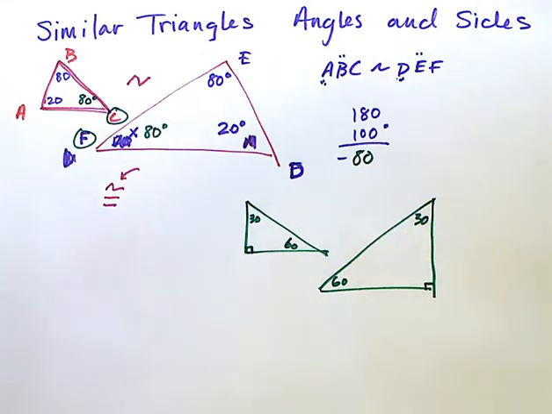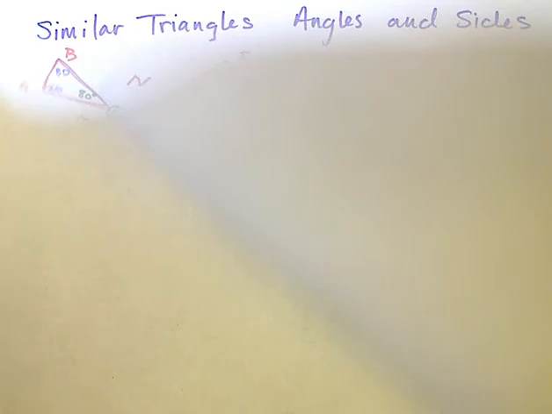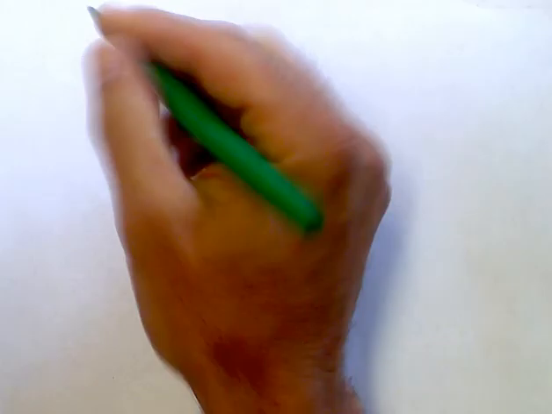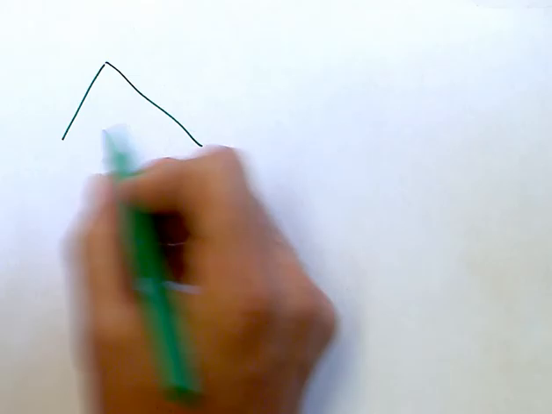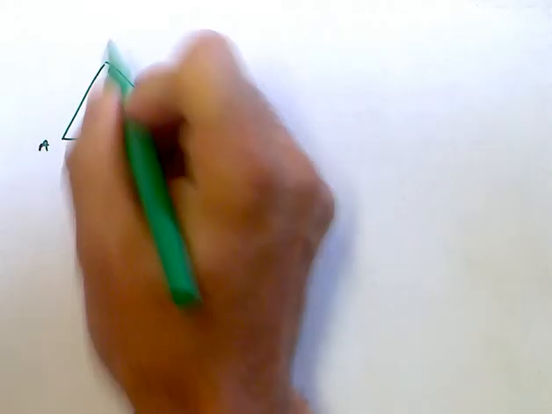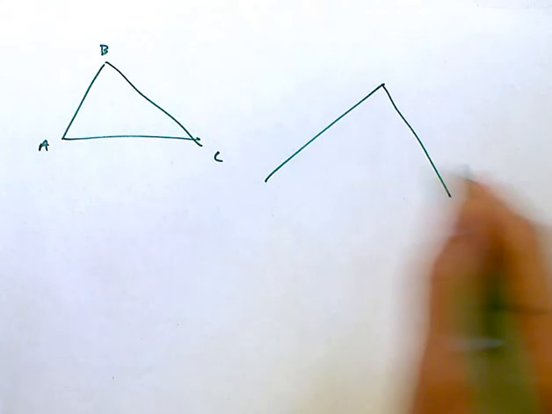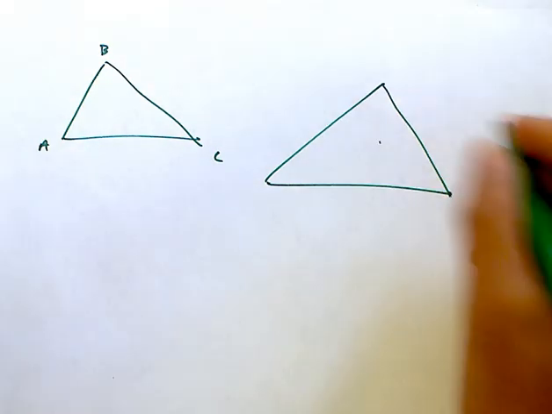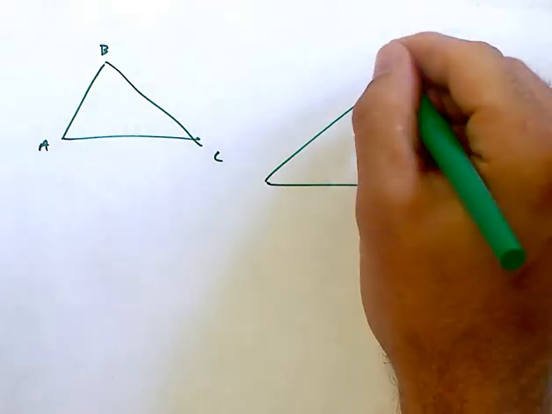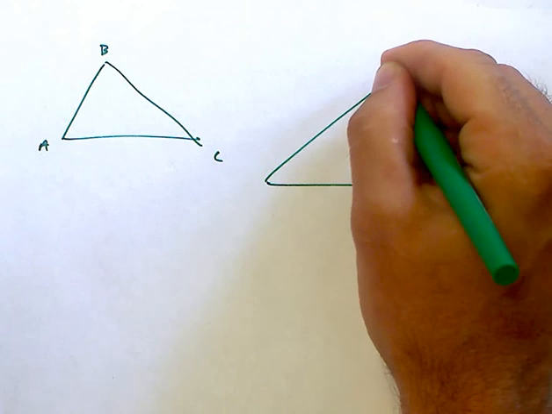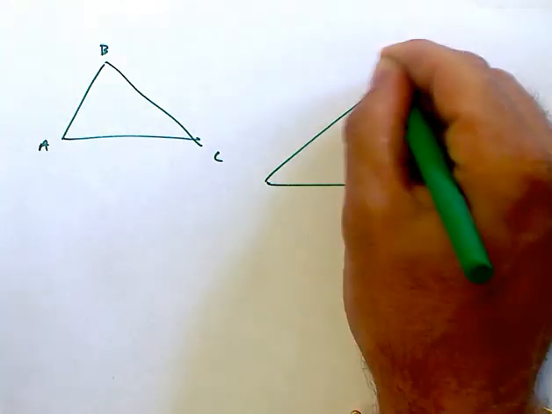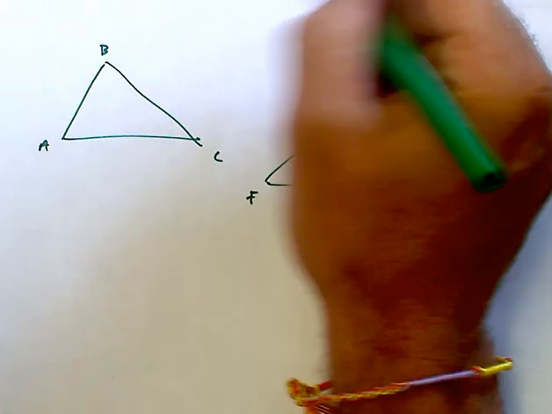Now, that's different. It changes when we start talking about size. So let's look at that ABC triangle. These are similar. This one's a little bit bigger than this. They're similar in shape. But similarity means same in shape, different in size.